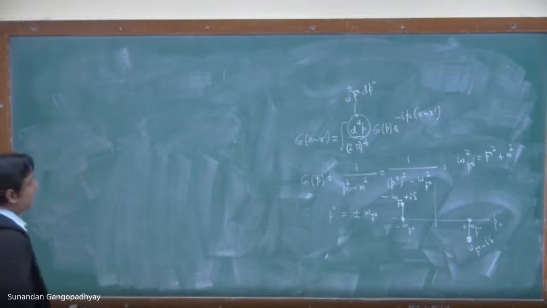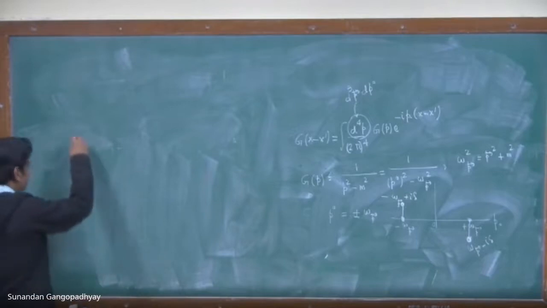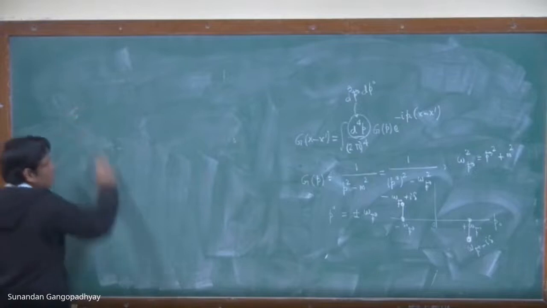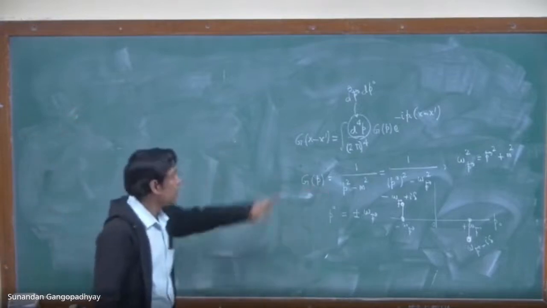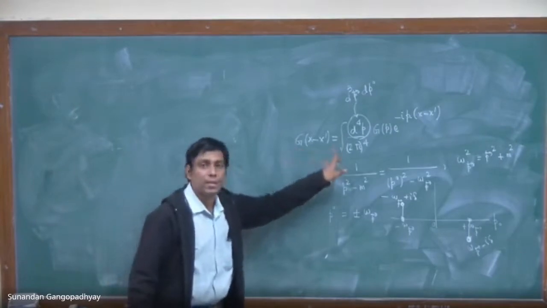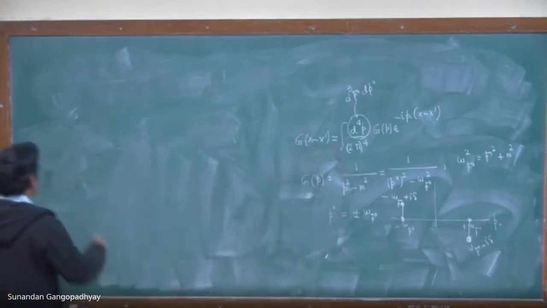So from here, what we find is, since we have replaced G of p by delta F of p, therefore we must replace G of x minus x prime by delta F of x minus x prime.